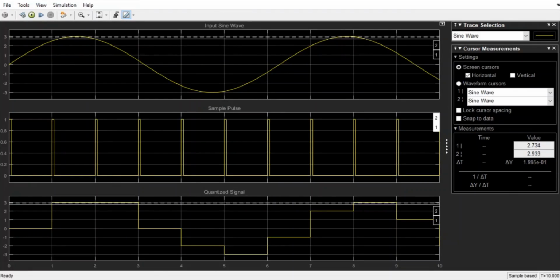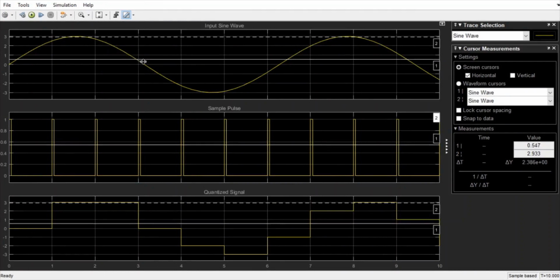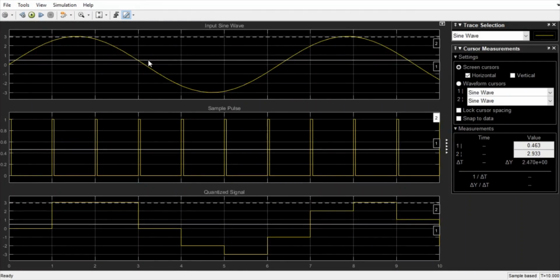For the fourth pulse, move the first cursor to where the fourth pulse occurs. This is the value that we get for the input sine wave, 0.463.